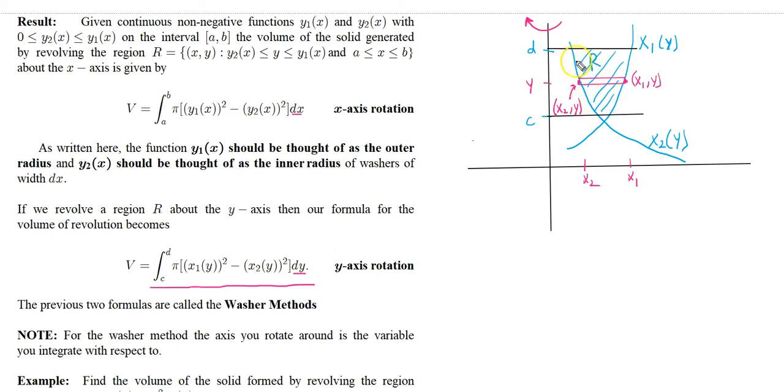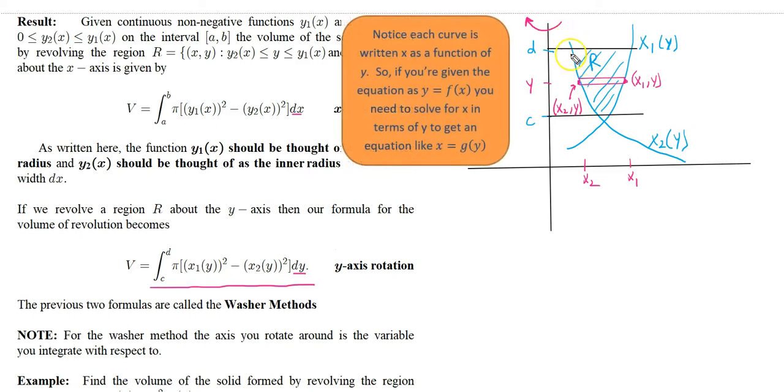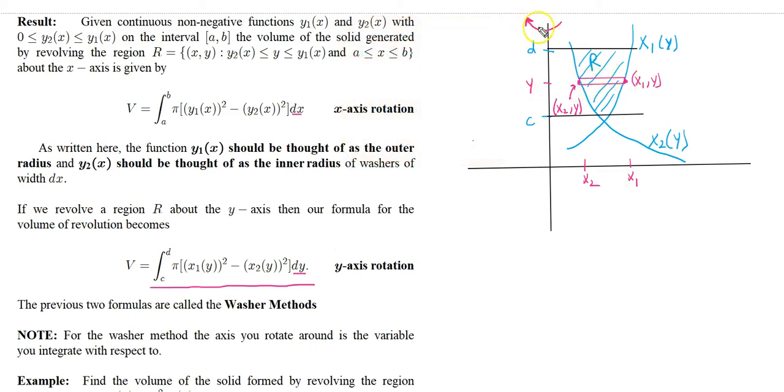You see we have this curve is x2 of y. Now that is considered to be our lower curve because with respect to the x-axis it is the lower curve, and the x1 of y is the upper curve with respect to the x-axis. And notice that we have this little rectangle drawn here representing a washer that would be formed as we rotate around the y-axis, and we have the points labeled here x1 of y, x2 of y, and so the outer radius of this washer is x1.